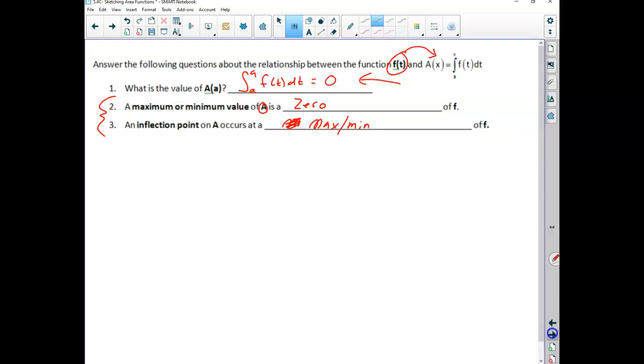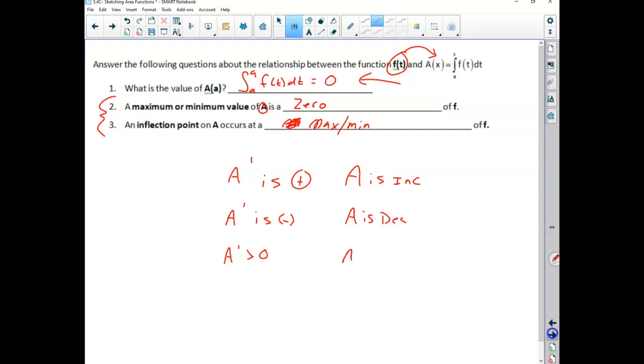Well, if A prime is positive, we know A is increasing, right? And if A prime is negative, we know A is decreasing. And if A prime is increasing, what do we know?